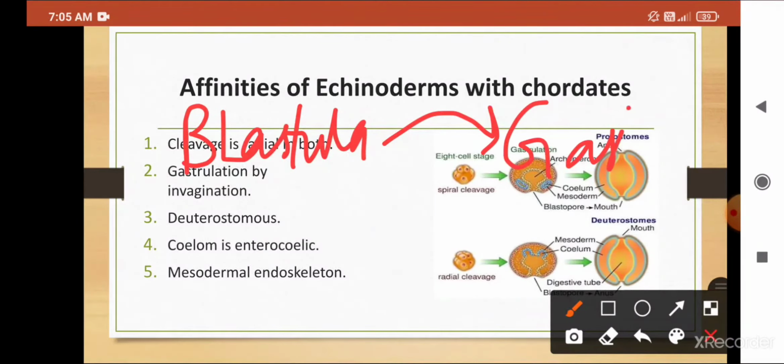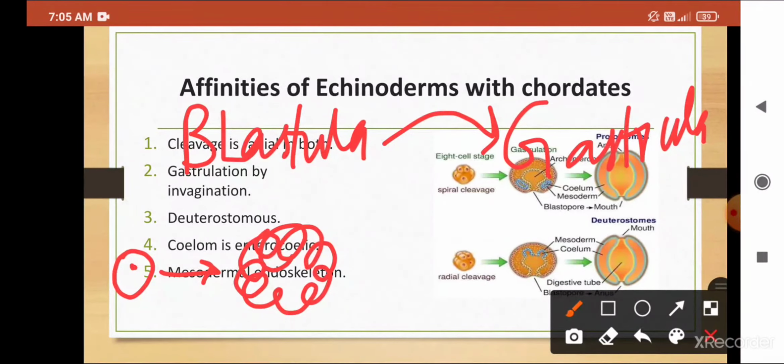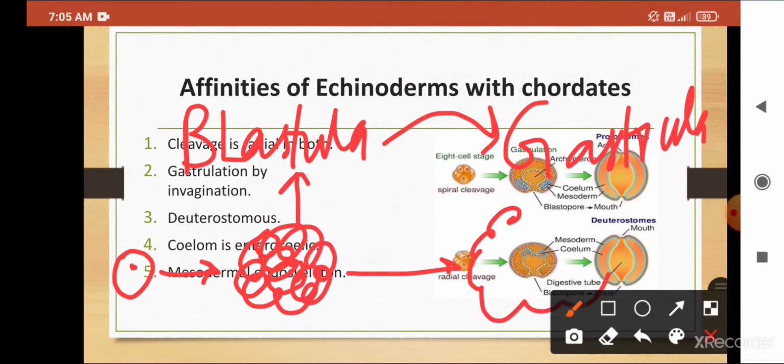Let's see again about the cleavage. The zygote divides again and again, forming a number of cells, that is the 32-celled ball-like structure. This is known as the blastula. Again, the blastula arranges into layers of cells, some cells moving outside, some from the middle, and some from the inside. This stage in which we can identify the layers of cells is known as the gastrula.